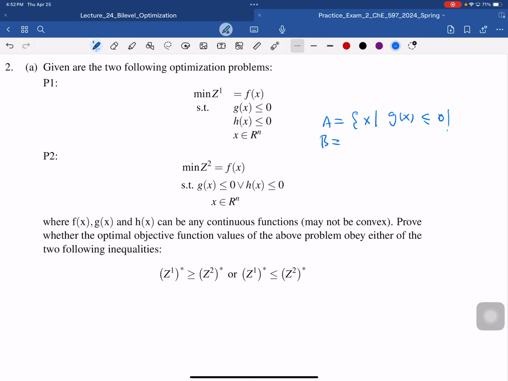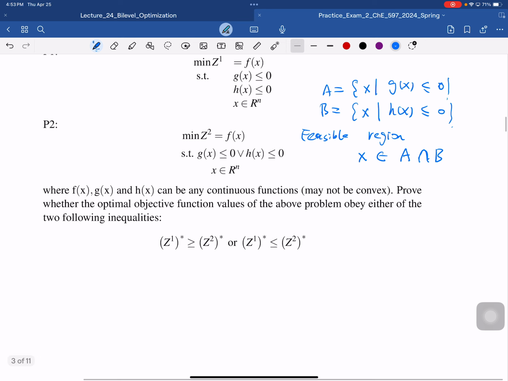And B is x such that h of x less than or equal to 0, right? So in the first problem, the feasible region is x belongs to A intersect B, right? So these two constraints have to hold simultaneously.